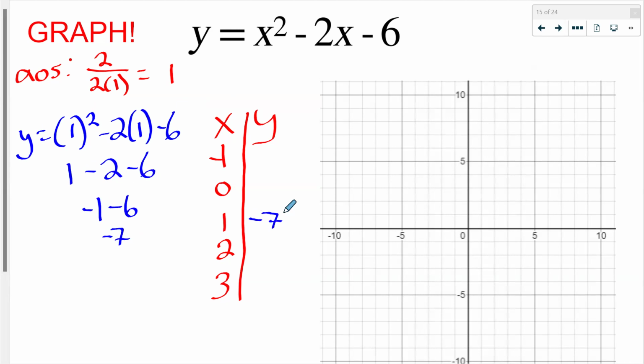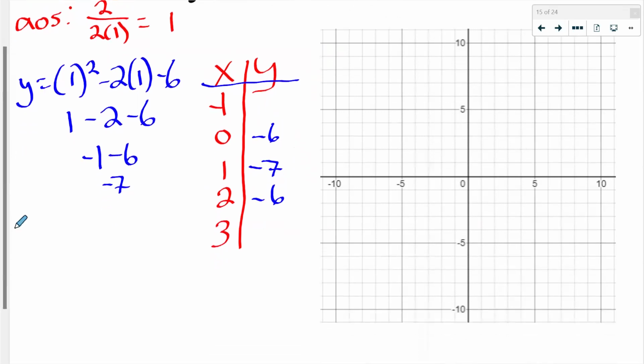From here, now we need to find the other points. Remember, we are symmetrical. Before you do any math, I always like to see, is one of my x values 0? This one's 0, so I find my c, -6. And they're symmetrical, so since this side's -6, this side's got to be -6. Now I just have to find the value of one of these two, and to do that, I just plug in one of them.